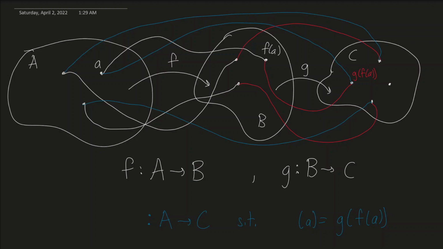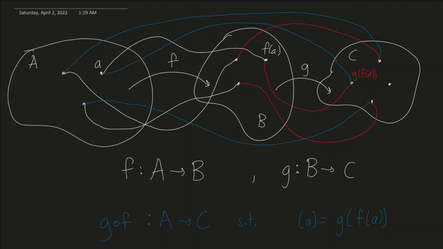And so what we call this function is g composed with f, and we use this open circle to denote the composition. So I'm pretty sure you've seen this notation before. You probably just don't remember it.